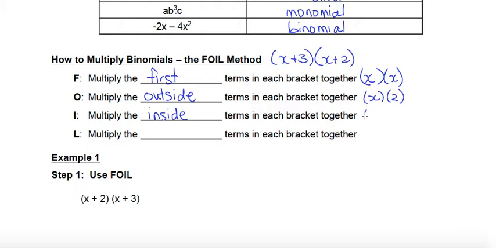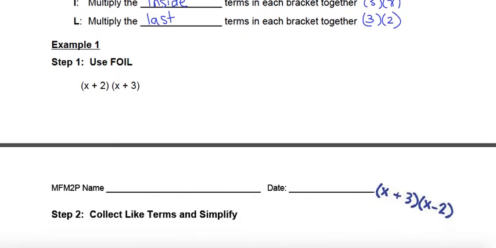In this case, it would be 3 times x. And then the L stands for the last terms in each bracket. So 3 times 2. We're going to use this exact example, except my order is different, to do this first example. Sometimes it's helpful to draw the lines if that's something that works for you.